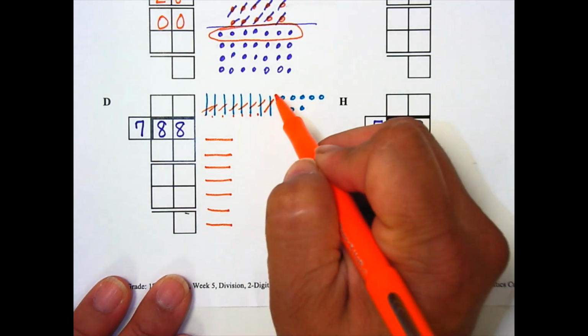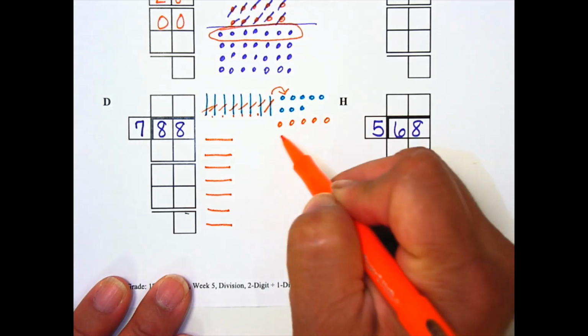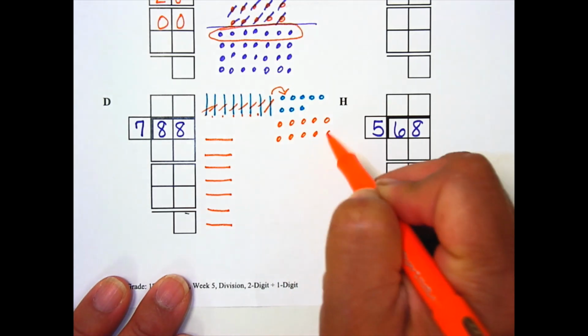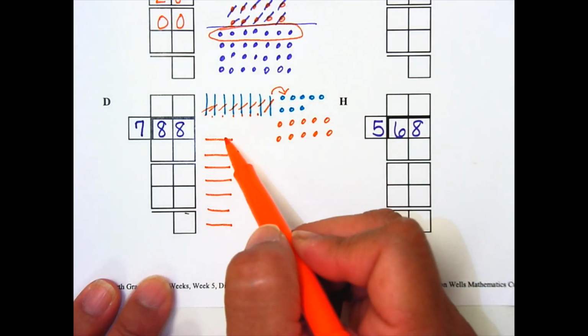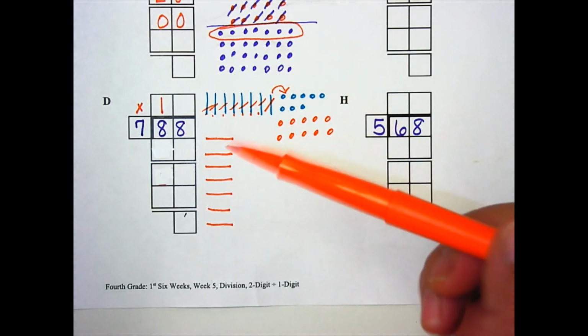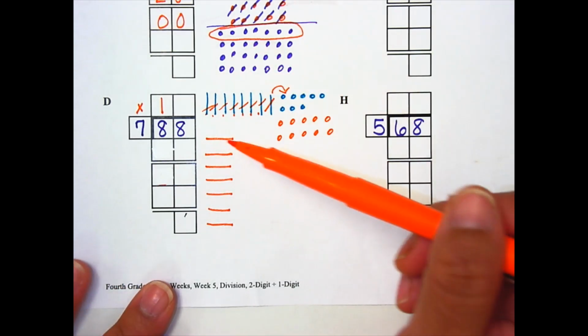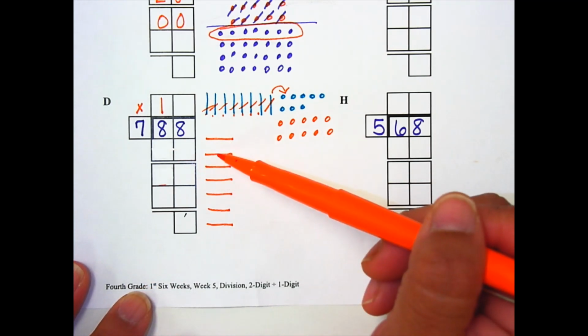This one I'm going to regroup. 1, 2, 3, 4, 5, 6, 7, 8, 9, 10. Now I have 18. So what I did here, I was able to put 1 ten in each group, right?